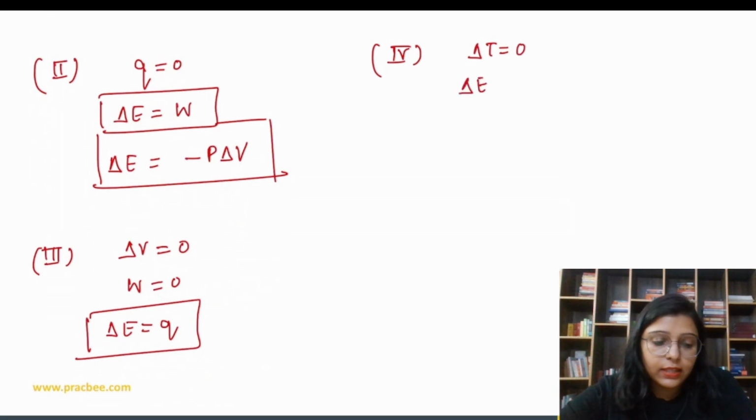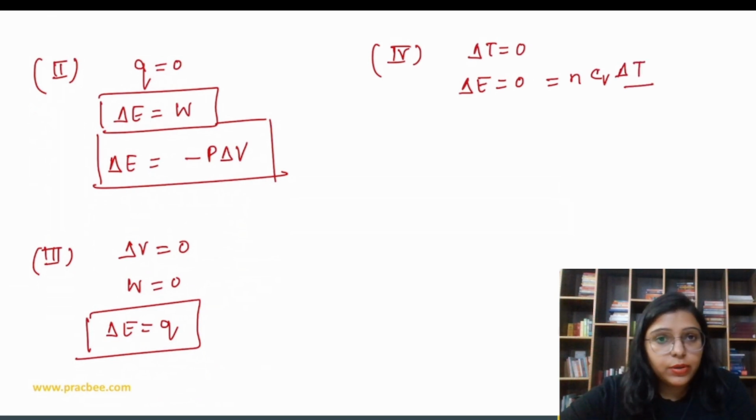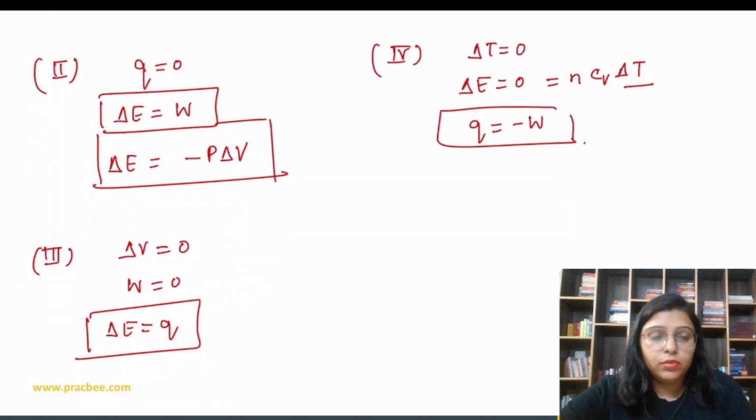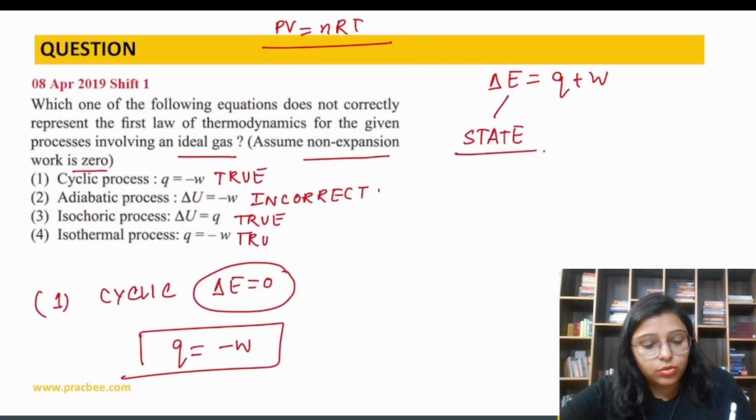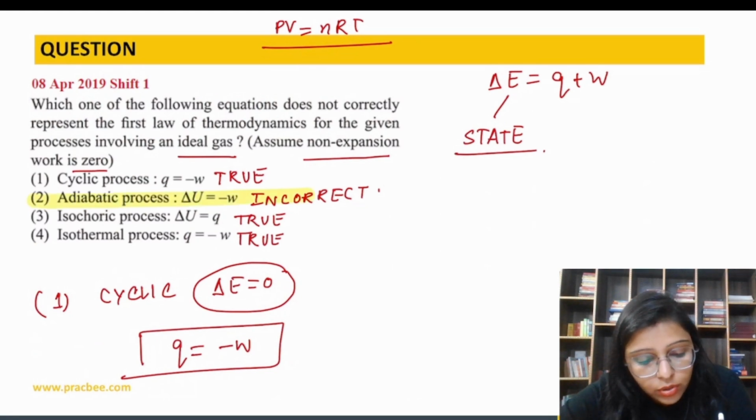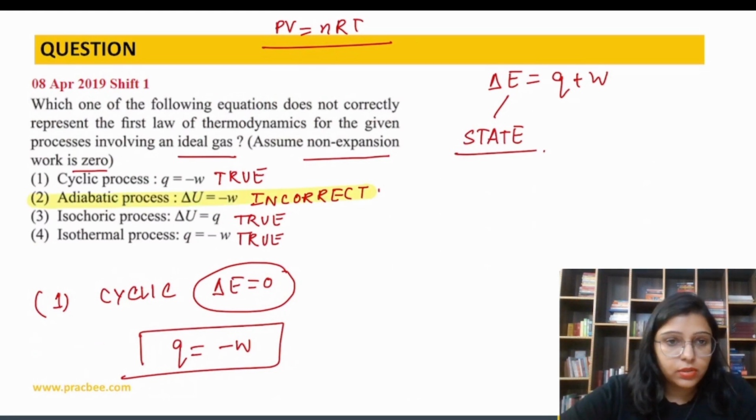So internal energy change, which is nCV delta T, is equal to 0. So we can say that Q is equal to minus W. So that is also true. So the answer is option number 2, which is the adiabatic process.